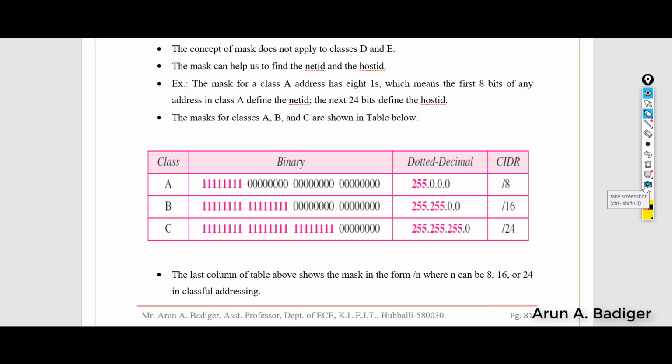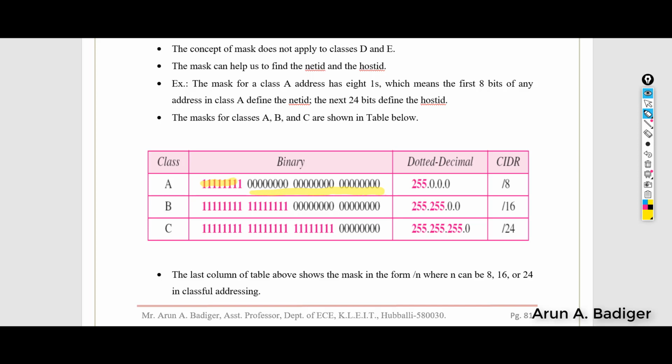First, in the last class we have seen classful addressing. Classful addressing mainly consists of class A, class B, class C, class D and class E. Class A will have 8 bits of net ID and 24 bits of host ID.